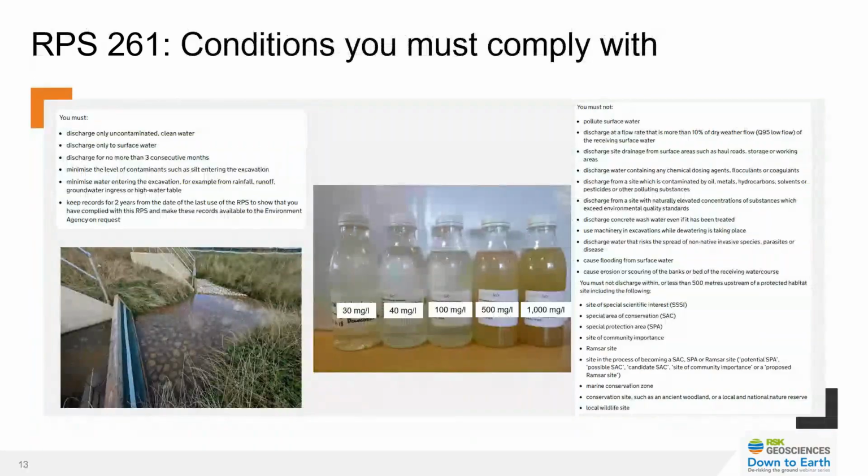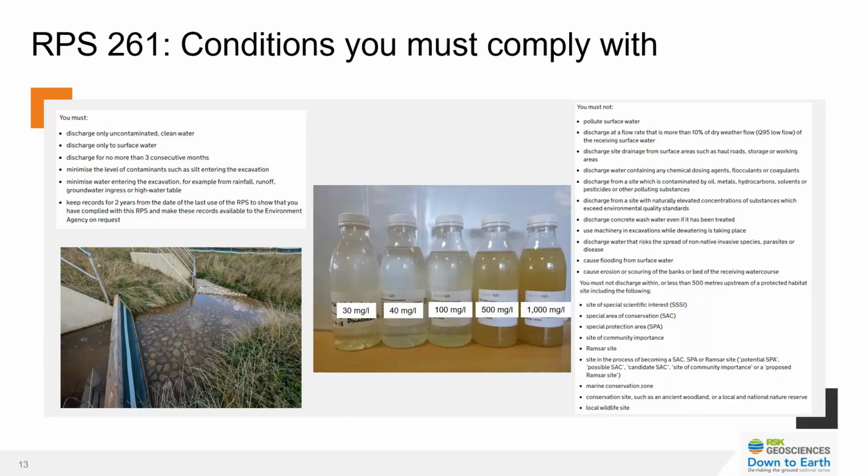Ultimately, this slide shows how restrictive it can be. I've already mentioned the fact that the water needs to be uncontaminated water, and it needs to be clean water, which could potentially be open to interpretation by the regulator. So on screen in the centre, some bottles of water with different levels of total suspended solids associated with them.